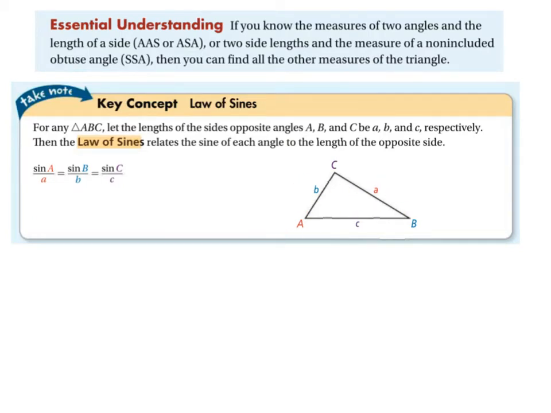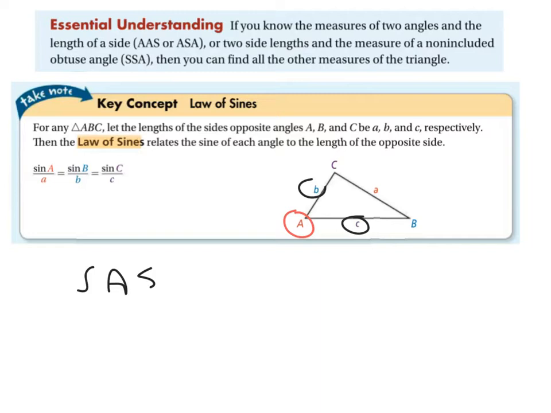This is why we can't use side, side, angle placed wrongly, or side, angle, side, because we'd have two sides, and then the angle would not be opposite one of those sides. So that wouldn't help us.